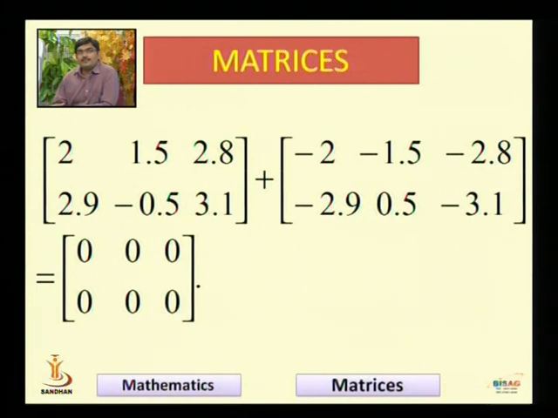Just for the sake of a simple example, I have taken two matrices. I have not given them any name, but look at the first matrix given over here. It is a 2 by 3 matrix.